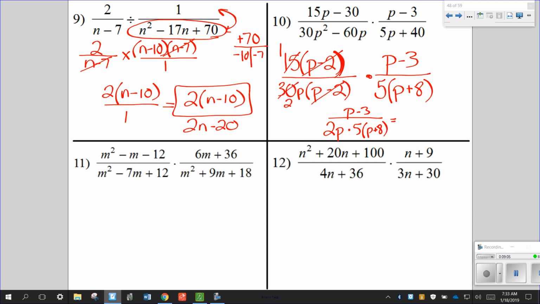And we can combine the 5 and the 2, and we'll just leave it factored. You can multiply that whole thing out if you want. It'll be 10p times p plus 8, or 10p squared plus 80p if you multiplied that out. And there's your answer for number 10.